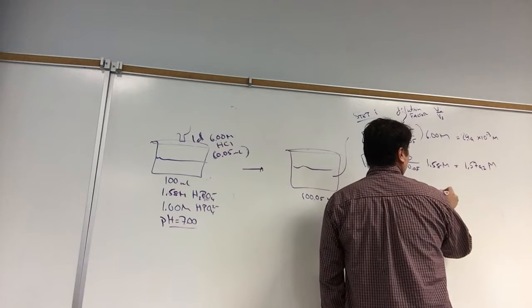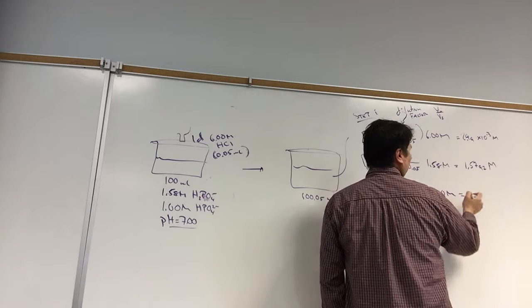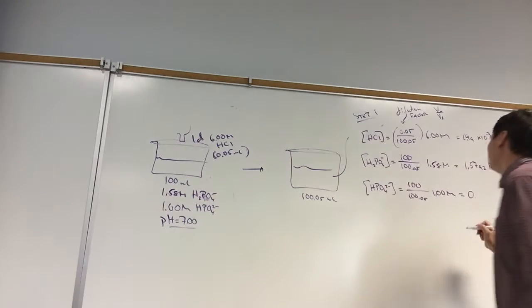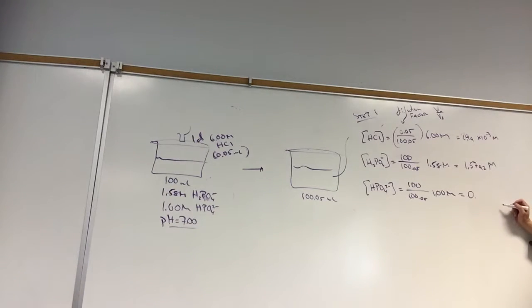All right, 100 to 100.05 of 1.00 molar gives us 0.9995.